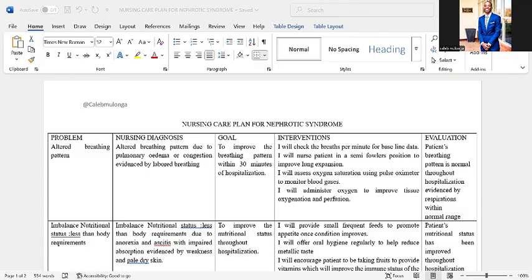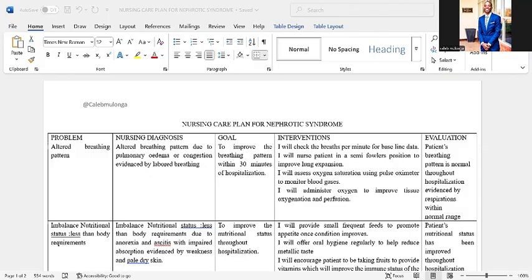And number 4, I will administer oxygen to improve tissue oxygenation and perfusion. As you have seen, these interventions are all addressing the breathing pattern and improving it so that the patient can breathe better.